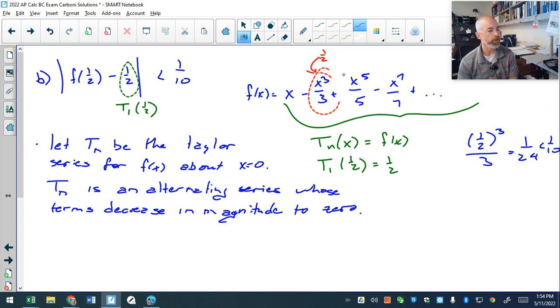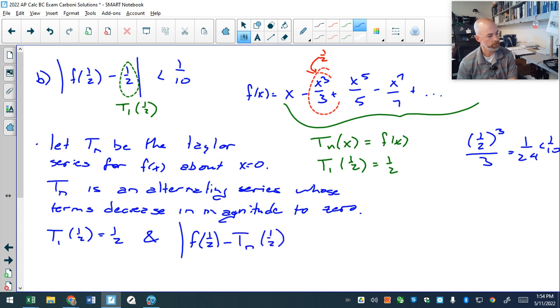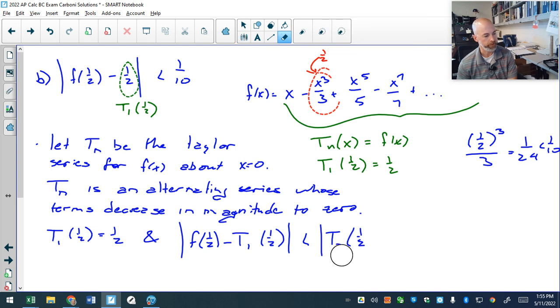Therefore, your error is going to be less than the first omitted term. I'm also going to say that T sub 1 of 1/2 is equal to 1/2, and this, which is your error, must be less than the magnitude of your very first omitted term, which will actually be T3, my third degree.